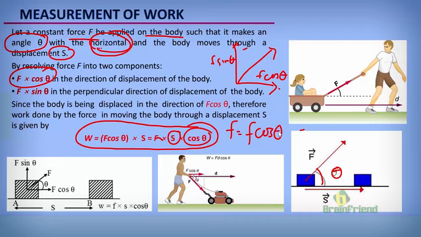So when you impute it into the equation of W equal to F times S, that is work done is equal to F times X, this F is no longer F because it is at an angle theta. But after resolving, you have F equal to F cos theta. So substituting F cos theta into this equation of work done equal to force times distance or displacement, you have F times S times cos theta, which is now your work done.